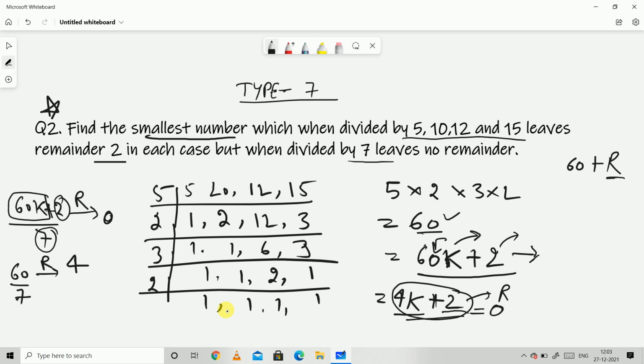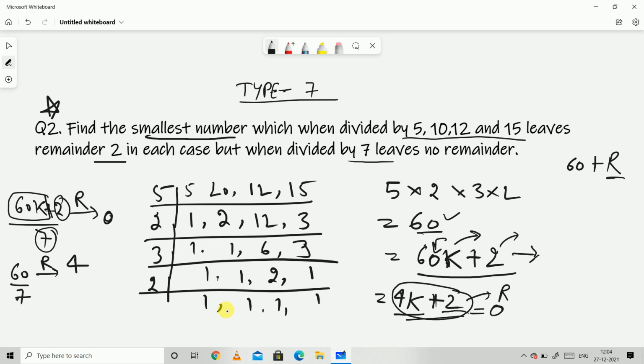So how is this going to become equal to 0? If this 4k plus 2 also becomes completely divisible by 7, then I will be left with no remainder, right? Are you getting this? If I divide 60k plus 2 by 7, I am getting a remainder 4k plus 2. So if this 4k plus 2 also becomes completely divisible by 7, because this is the remainder, then nothing will be left.